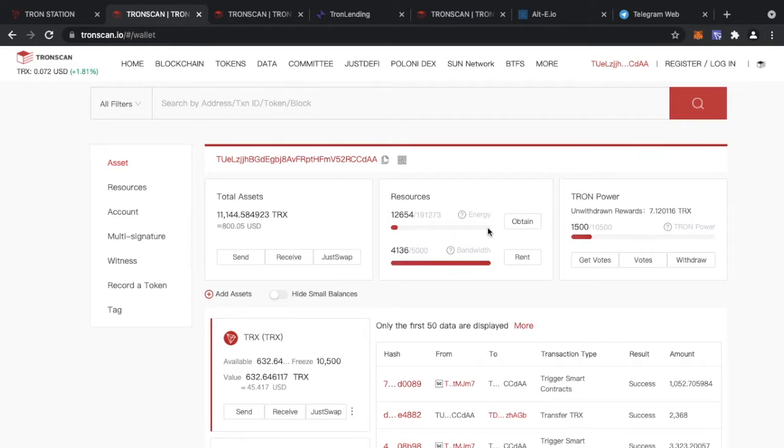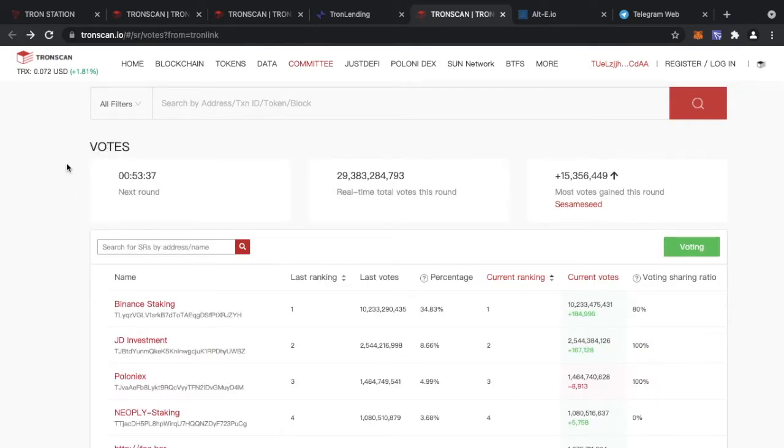Now, one other thing with freezing, which is very interesting, is voting. There's a button here that says votes. Once you click votes, you're sent over to the voting page. This is where you vote for super representatives. Super representatives are nodes on the Tron blockchain which secure the network.